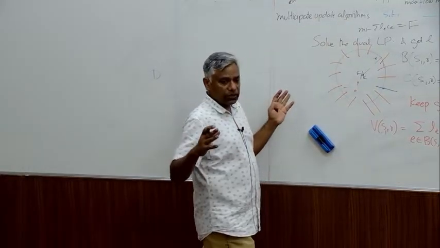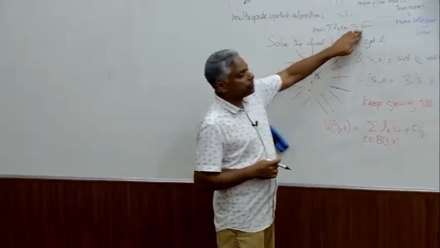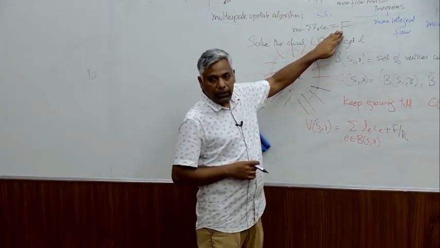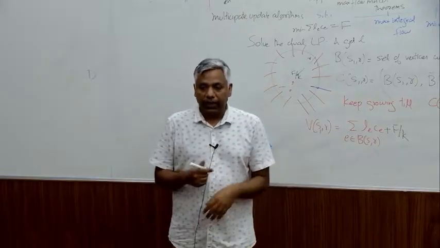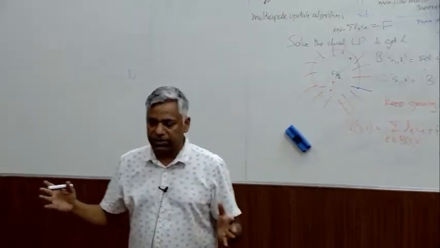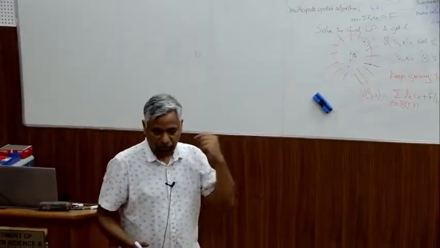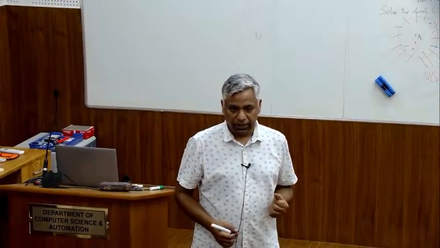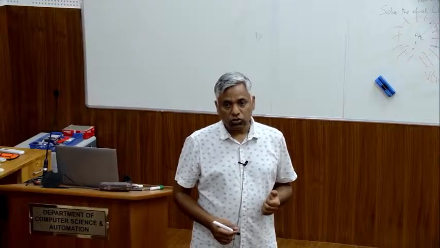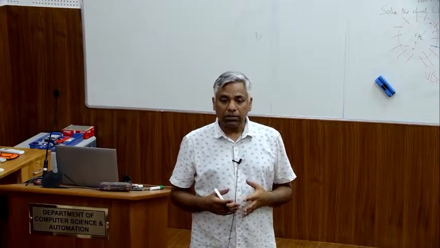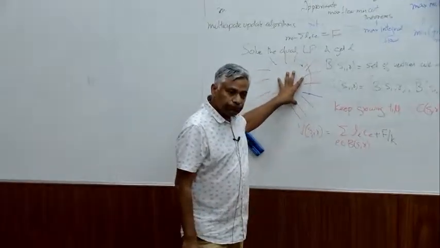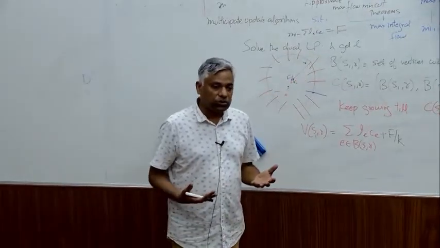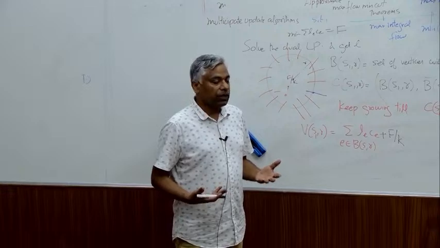All edges put together, the volume is just F. Yes? So I started with a volume of F by K. The total volume is, let's say, F, or F plus F by K if you also want to include the volume of that vertex. And so I cannot grow this ball too much, because if I grow this ball too much, the total volume will become equal to K.